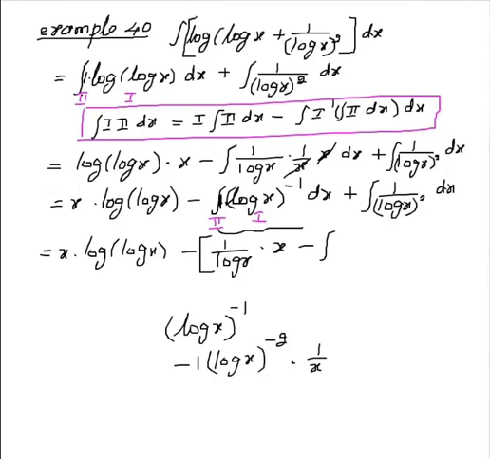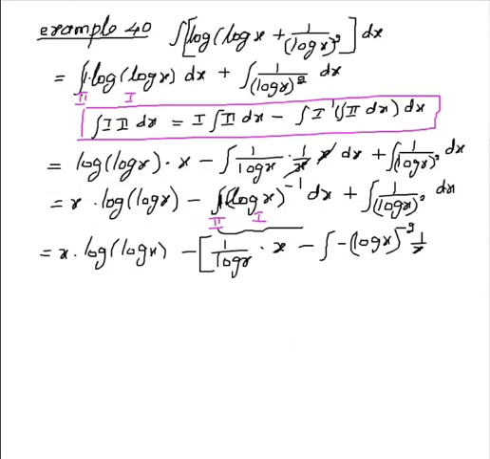So it is minus of log x whole power minus 2 into 1 by x. This is differentiation of the first function, into integral of the second. Integral of 1 is x dx, and the last term is integral 1 divided by log x the whole square dx.